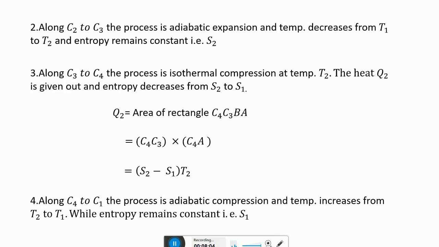Then the fourth case is along C4, C1. The process is adiabatic compression and the temperature increases from T2 to T1, while entropy remains constant, that is S1.